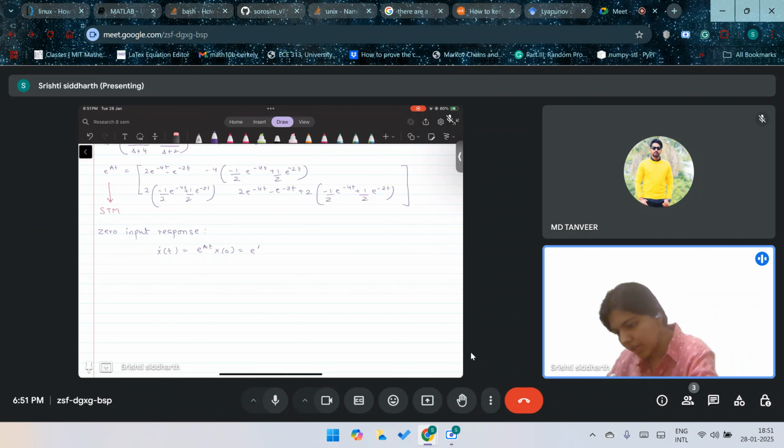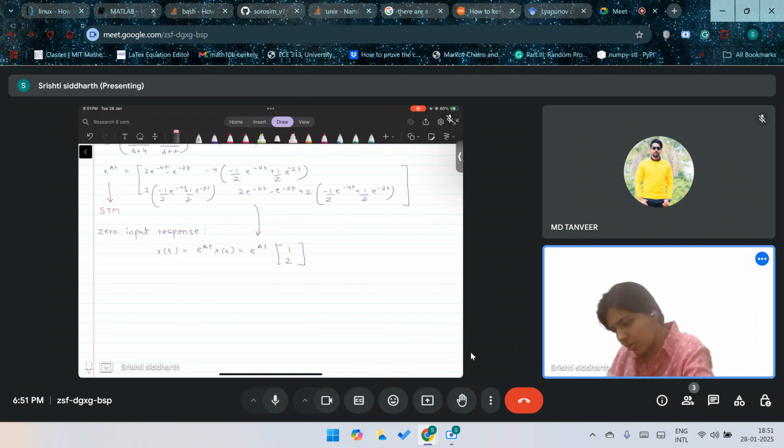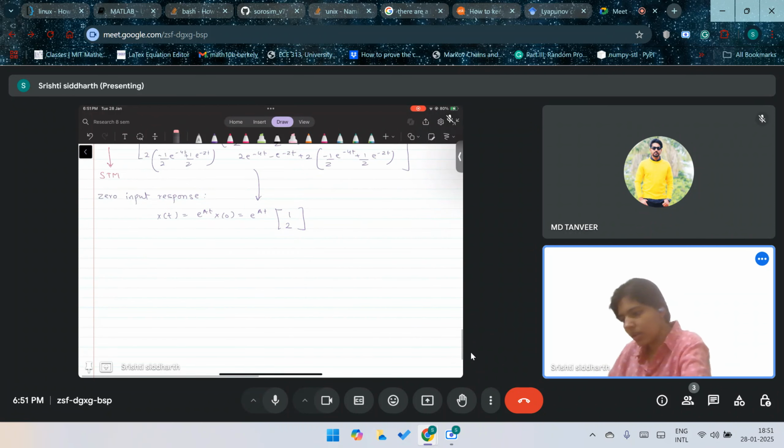So e to the power At, the matrix given here, times an inductor current, let's say it's 1 ampere, and some 2 volt voltage across the capacitor. Sorry, there's no dot. So this is the solution to the homogeneous case, the zero input response. So let's say Zi.